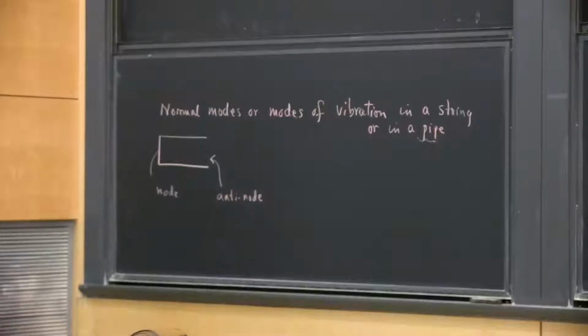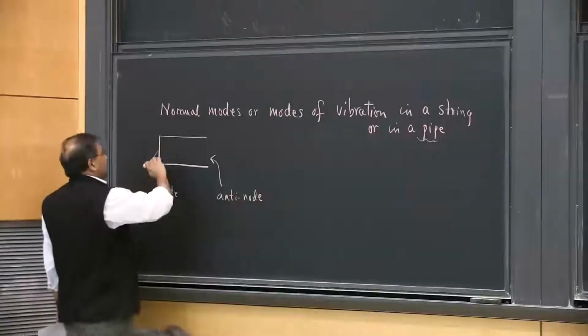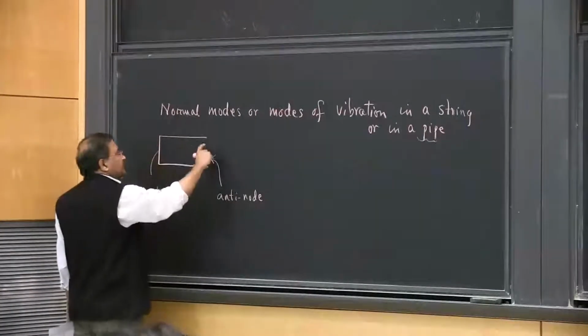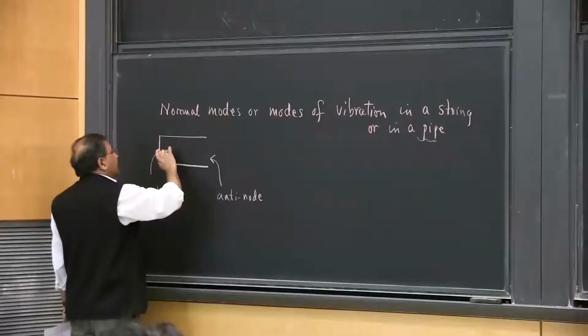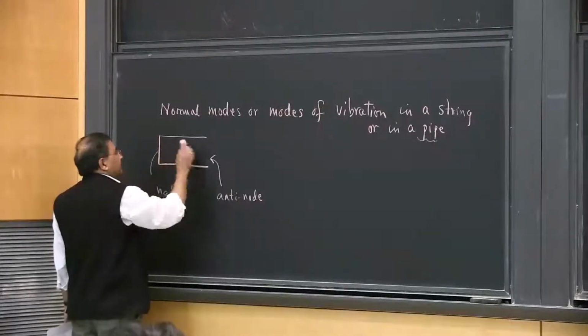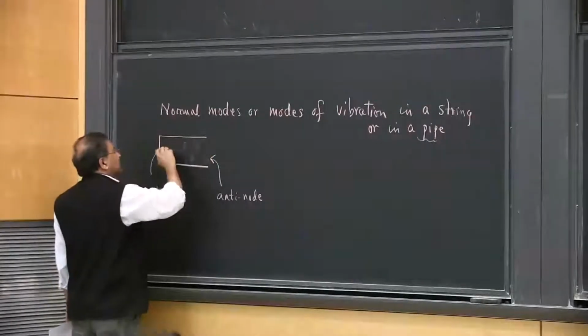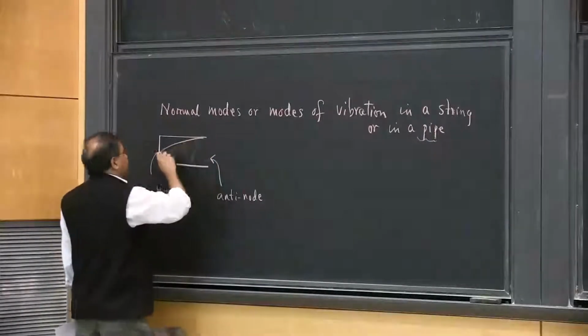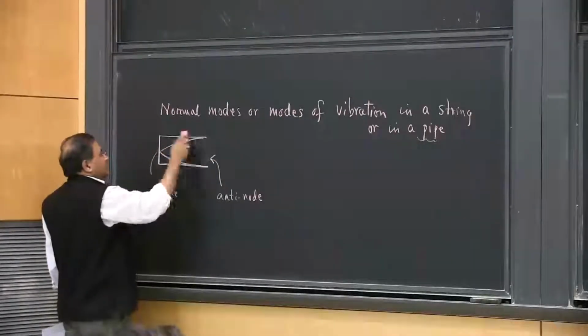So now it becomes a very simple problem of figuring out what kind of vibrations you can have of the air mass here. Clearly there won't be much vibration here, there can be a lot of vibration here. So if you draw how this wave is, you will find there is more vibration here and less vibration here, and we would typically denote the lowest mode by a wave like this.